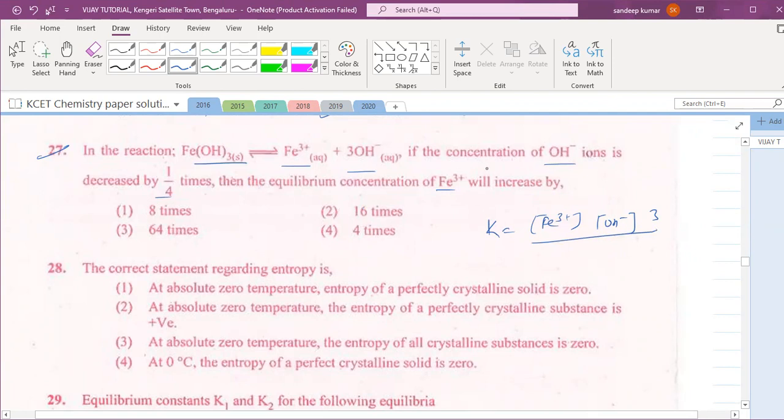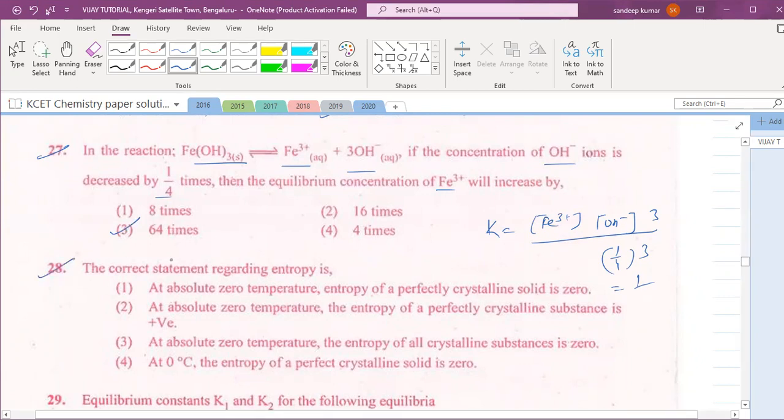So the concentration of OH minus is decreased 1/4 times. As (1/4) to the power 3, it will become 1/4 into 4 into 4, which is 64 times.